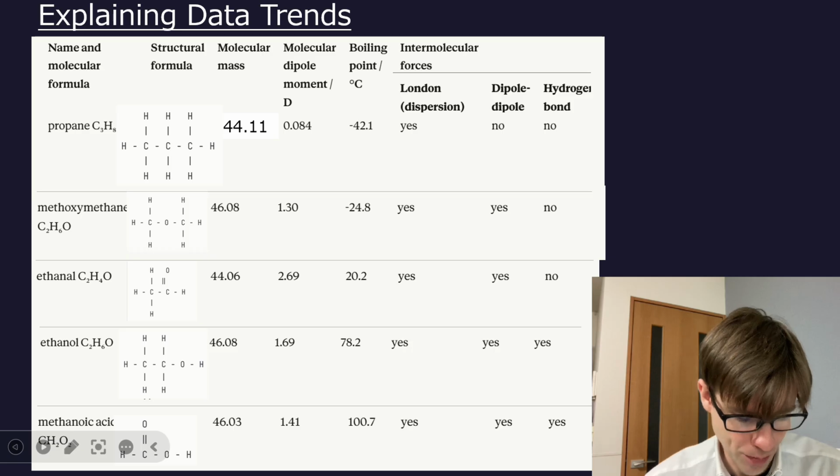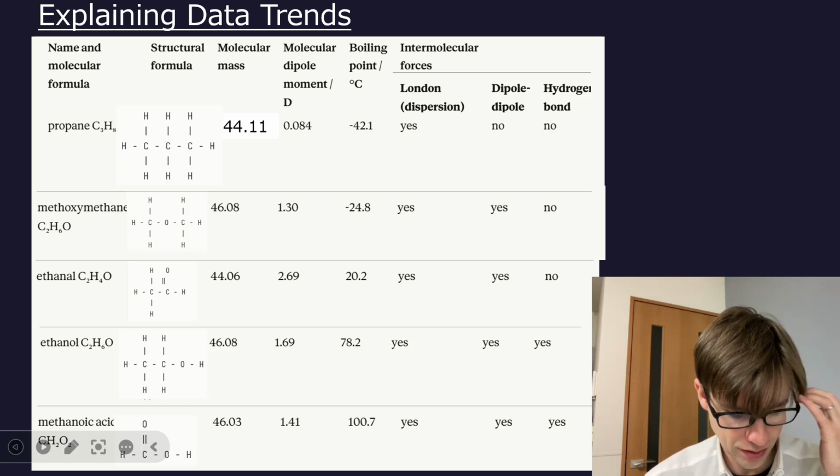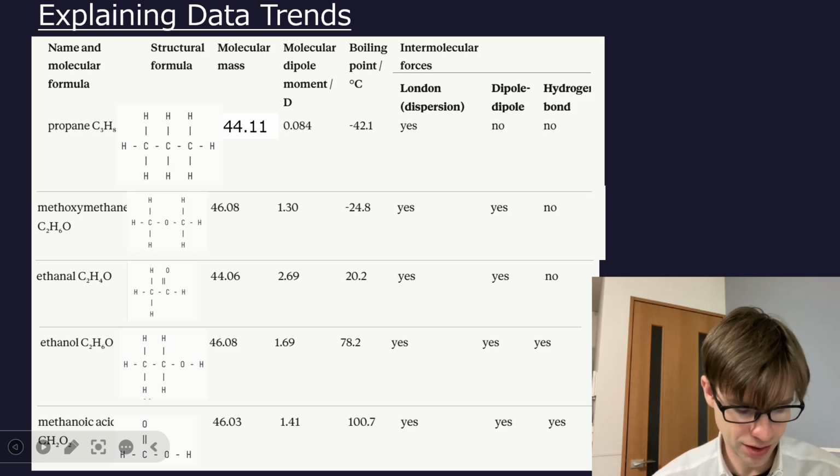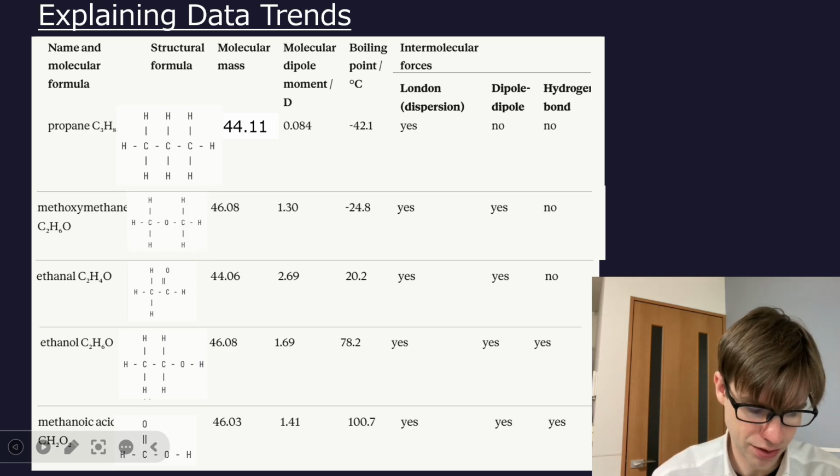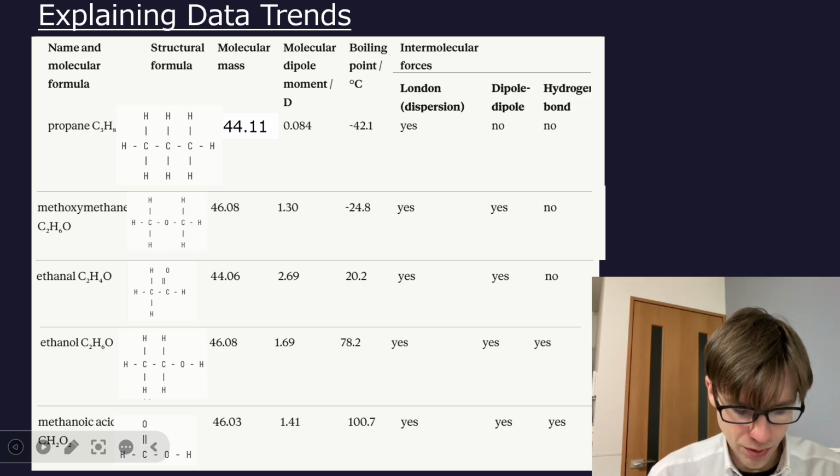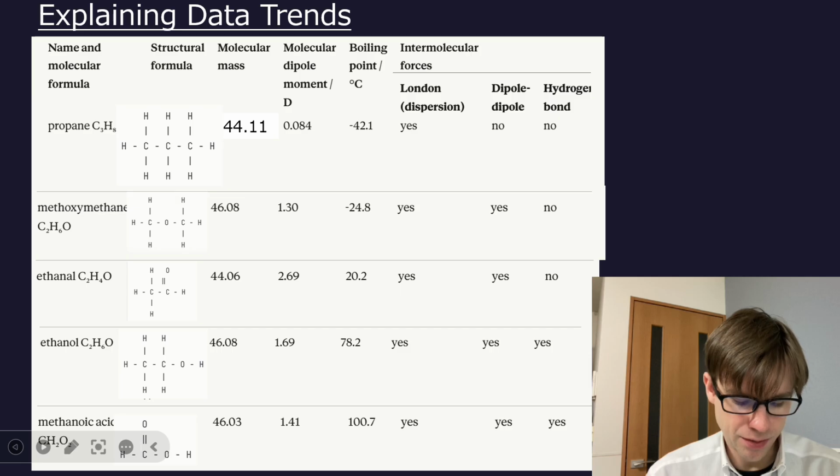So between propane, C3H8, and methoxymethane, C2H6O, that has two CH3 groups linked through an oxygen, boiling point goes up by 20 degrees. It's still below zero, but it's much higher than propane. So how do we explain this? We can look at the intermolecular forces and the molecular dipole moment.